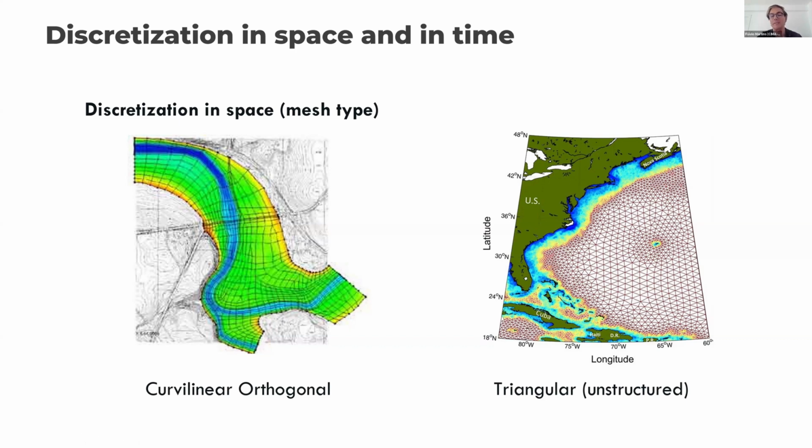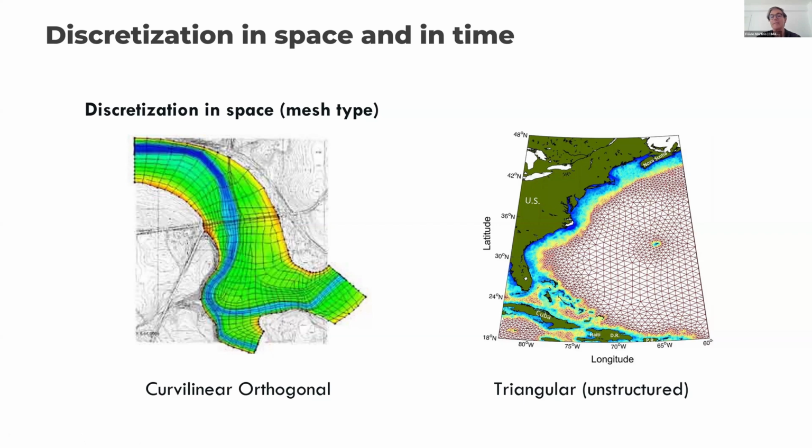Unfortunately, these triangular grids are not good when you have flow, when you have the advective term. So they are very good for other purposes, but when you have flows, they are not very efficient. That's why most of the models that you will find use structured grids, orthogonal structured grids.